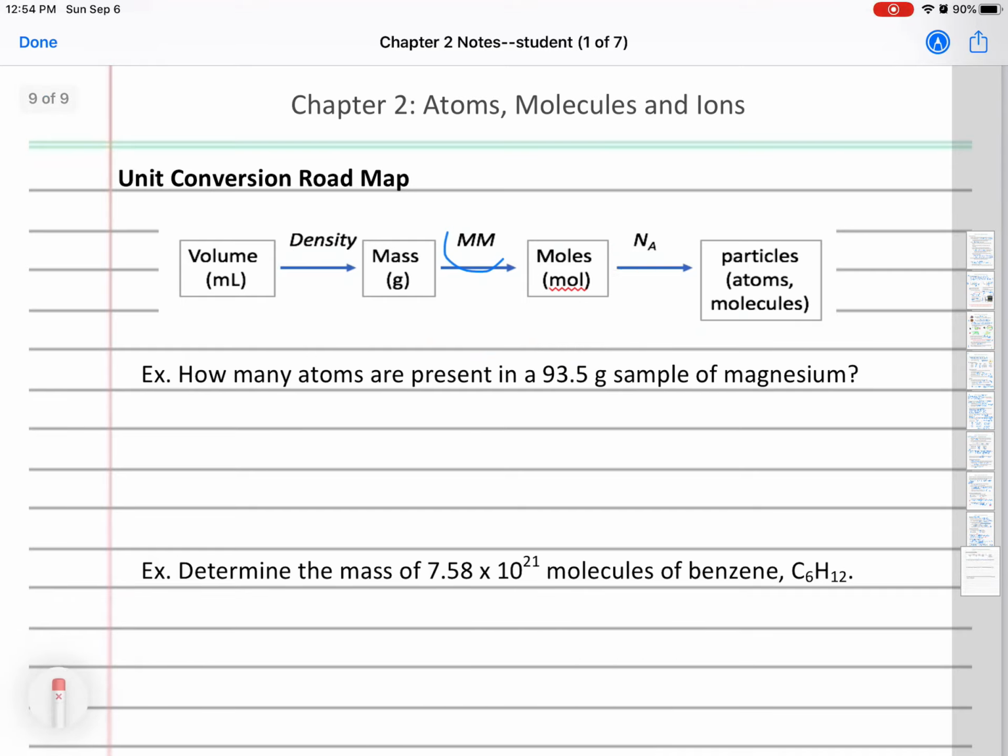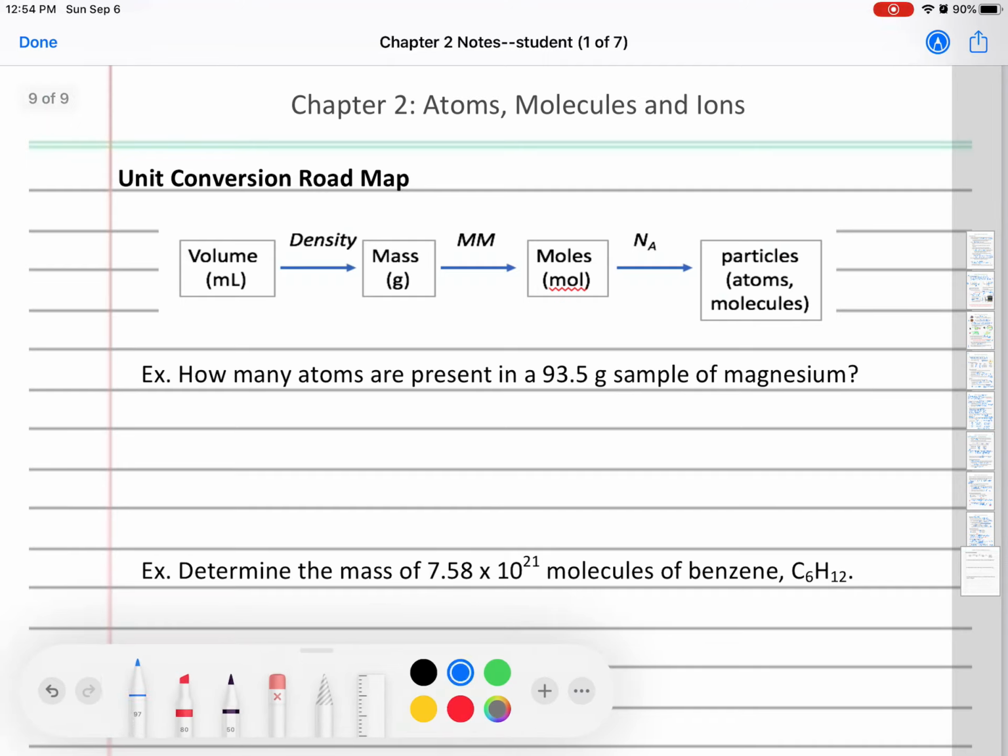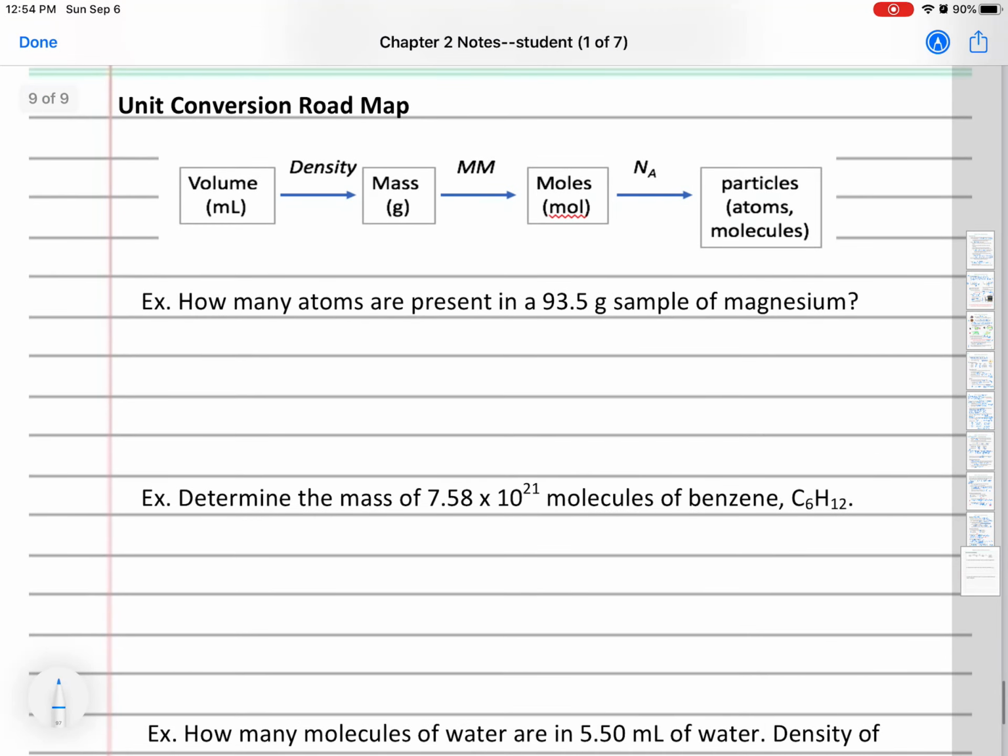So getting used to this roadmap is a way to figure out the steps that you need to take. But always keep in mind that with unit conversion, the key is getting your units to cancel out. Finding conversion factors that allow you to go from one unit to another until you're ultimately at the unit that you want. So let's do a couple of these multi-step problems here.